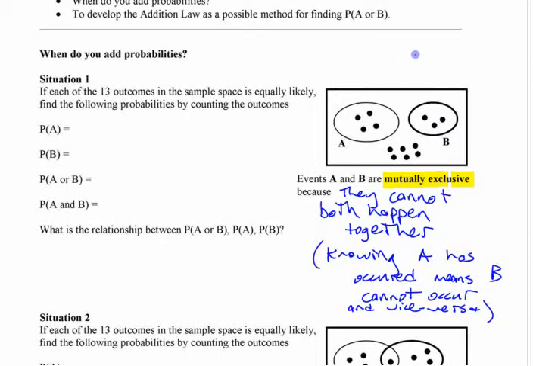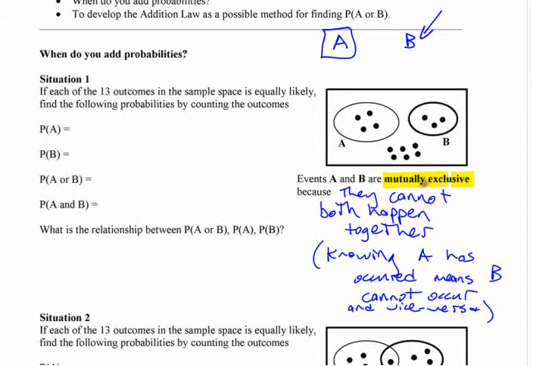Two people running a race, if there's no ties or anything like that, if event A is person A wins and event B is person B wins, if you know that A has won the race, you know that B can't have won the race. If Chicago has won the series, Vancouver cannot have won the series. You can't both win the series at the same time.